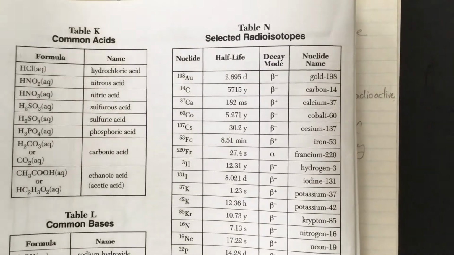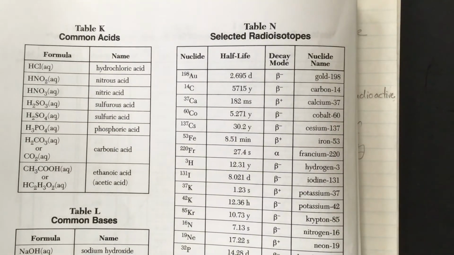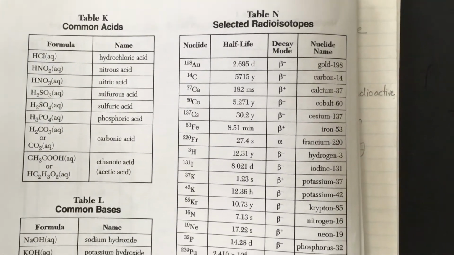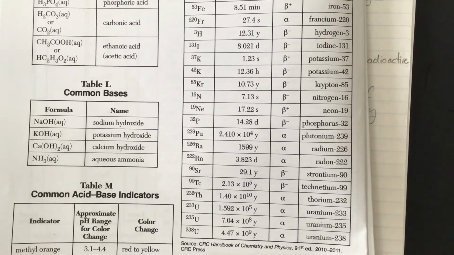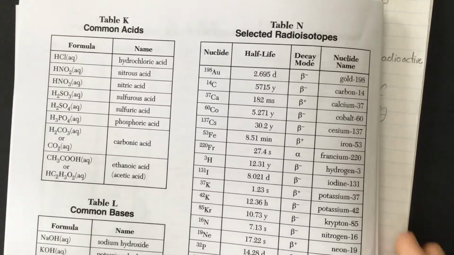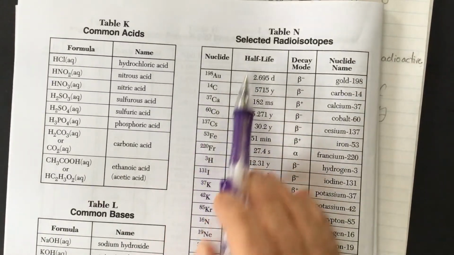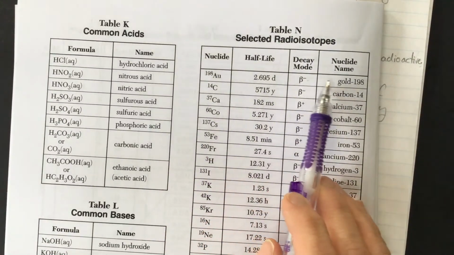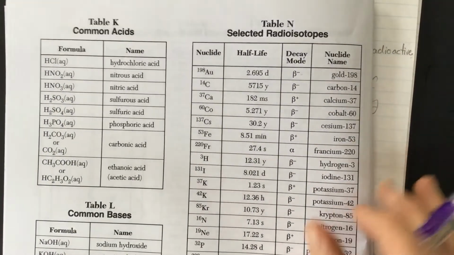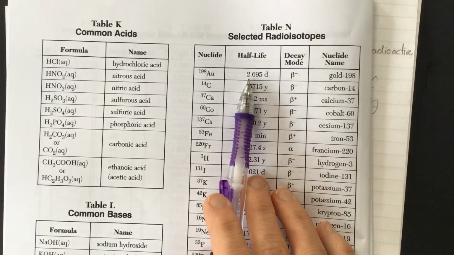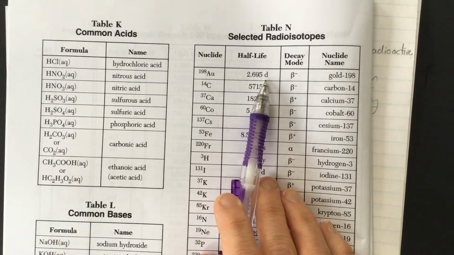And we're going to take a look at table N. These are selected radioisotopes. You can see that there's the nuclide, its symbol, its half-life, its decay mode, and its name. And we can see that something like gold-198, its half-life is 2.695 days.